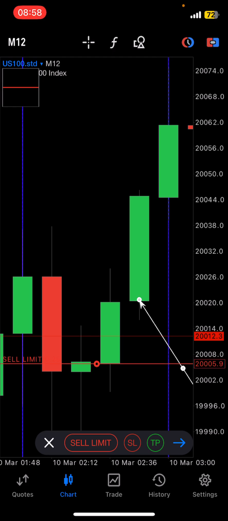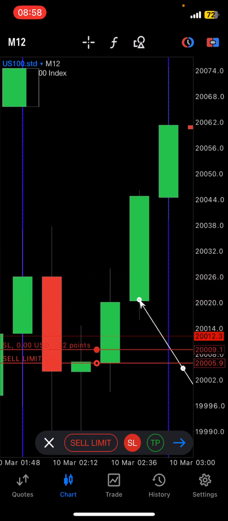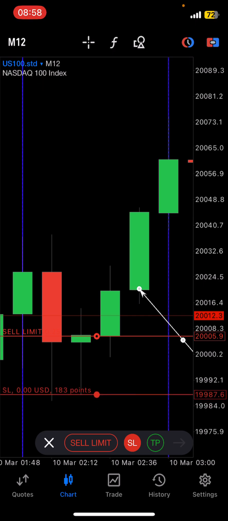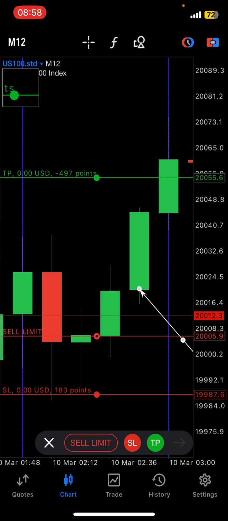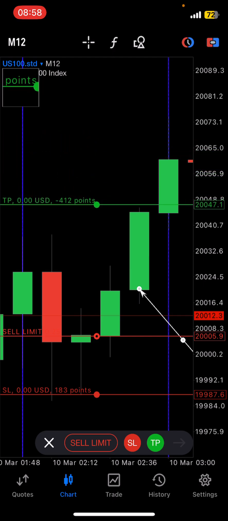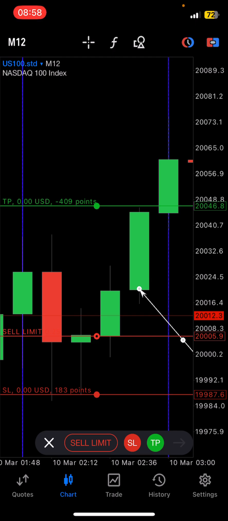Up-close candle, and then we have our stop loss there, or you can reduce the stop loss using the Fibonacci. I don't care. So here we are going to be closing there, right?